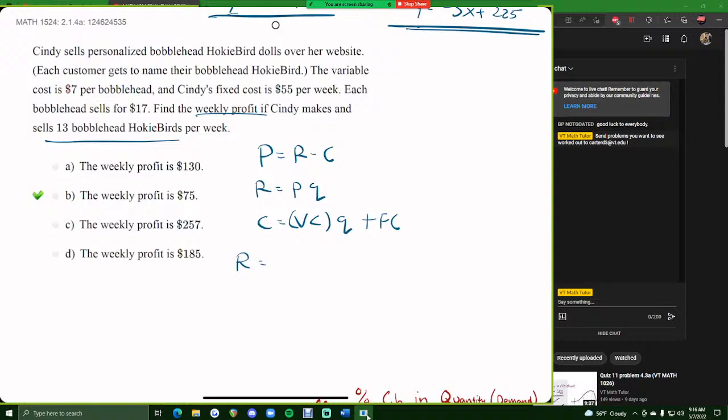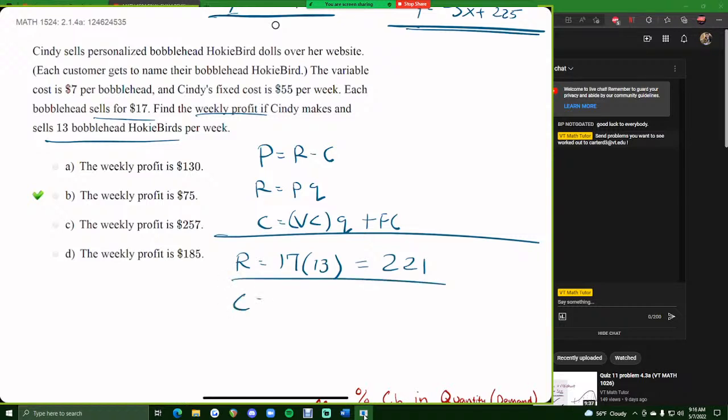Where do they say that? They say bobbleheads sell for $17. So 17 times the quantity that they are selling, so 13. 17 times 13 will give us the revenue. I'll just do that in my phone real quick. 17 times 13 gives us 221. Now cost will be the variable cost of 7 still times the quantity plus the fixed cost of 55.